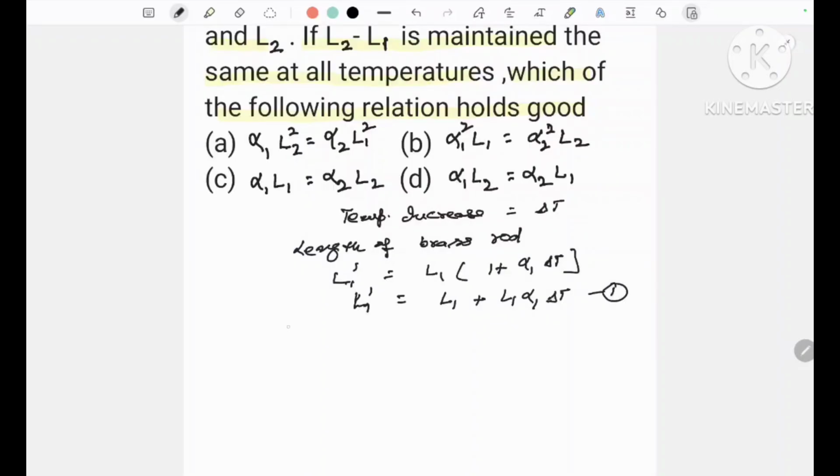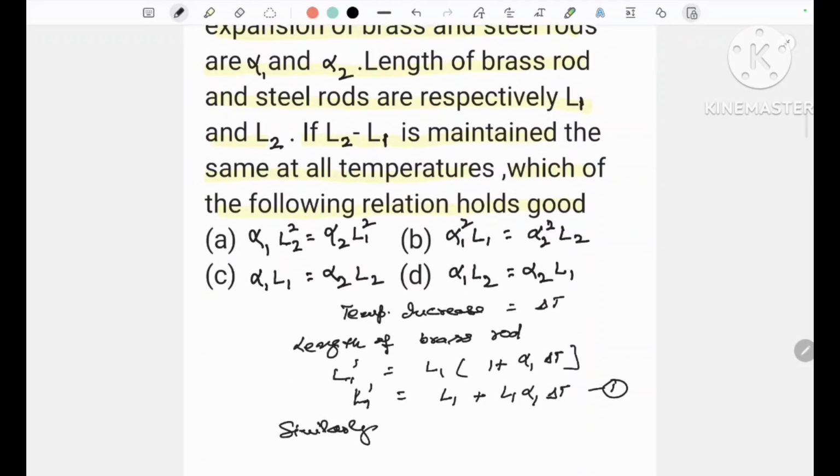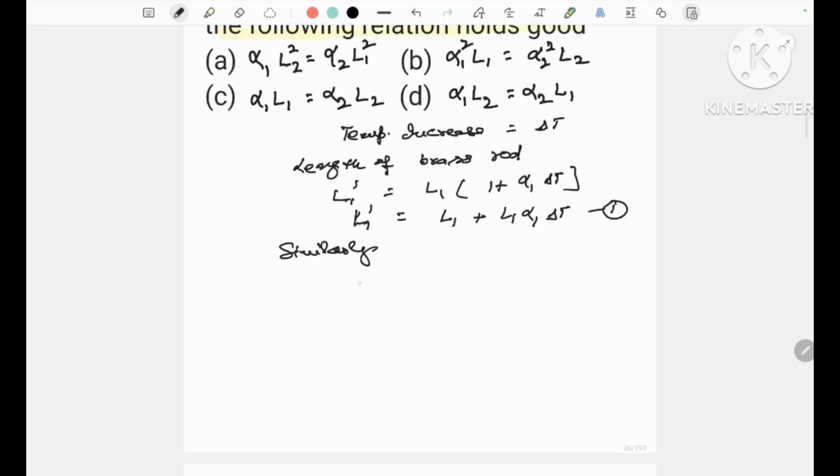Equation number 1. Similarly, for the steel rod, L2 dash will be L2 plus L2 alpha 2 delta T. Equation number 2.